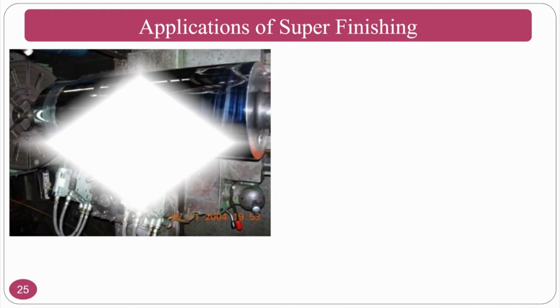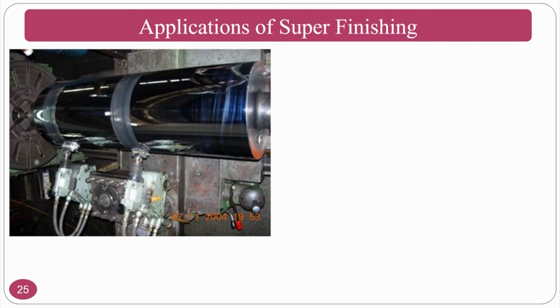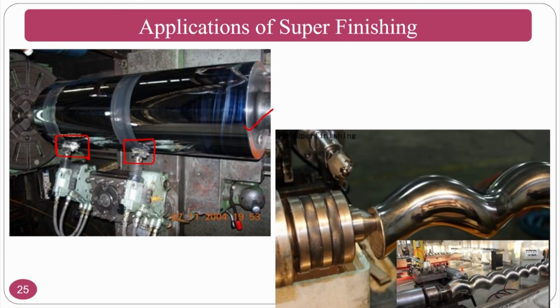If you see the applications of the super finishing process, you can see how it is taken care of by the brush. This is the workpiece which is very shiny, and these are the brushes, and multiple brushes are finishing the surface. So you can see how the surface looks like a mirror surface.